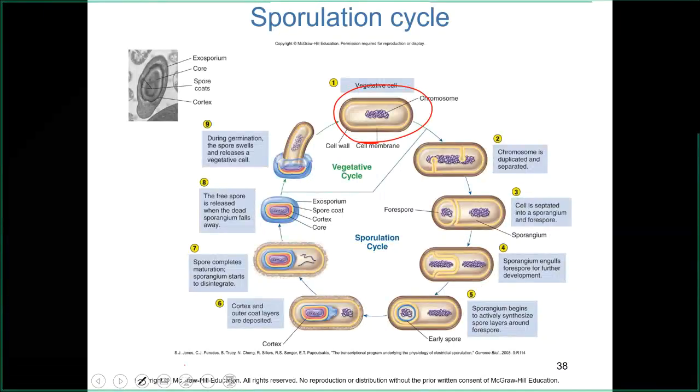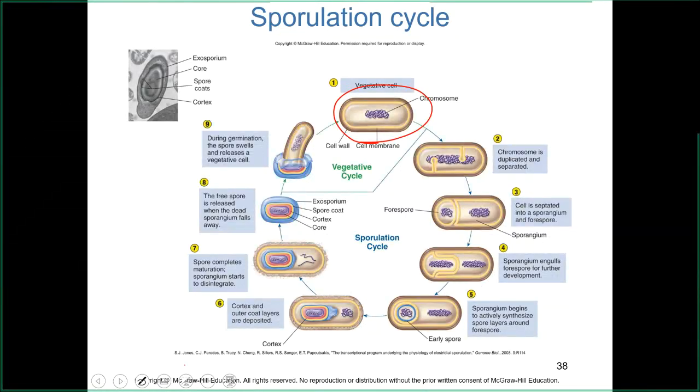But then some challenge occurs, and it doesn't indicate what that challenge would be, but it could be high levels of heat, it could be competition, crowding, who knows. Something has stressed this guy out, and so its default is to just punt and say, forget about it, I'm going to stop trying to be vegetative, and I'm going to go into this endospore form.